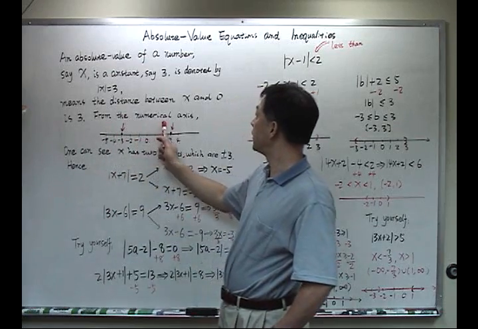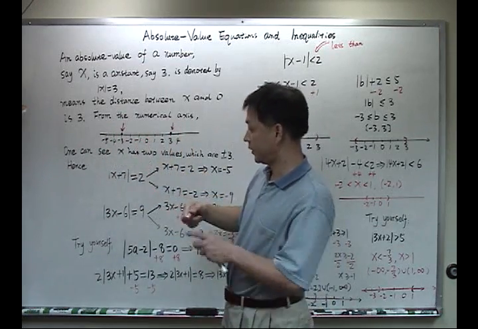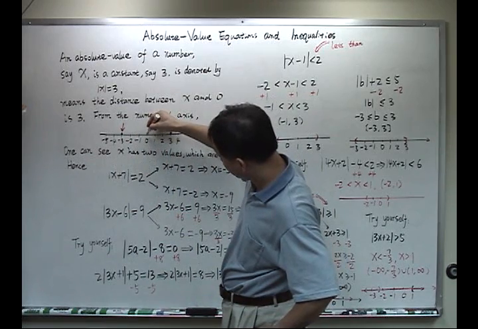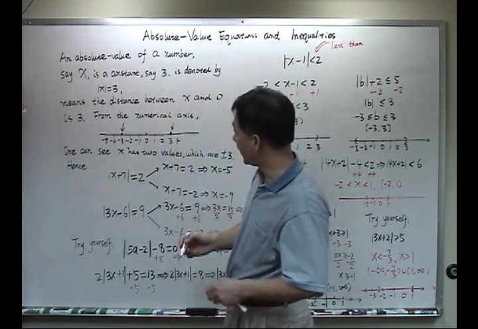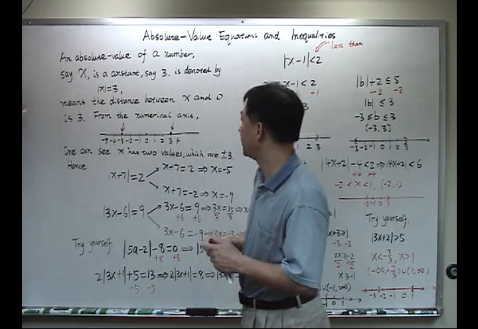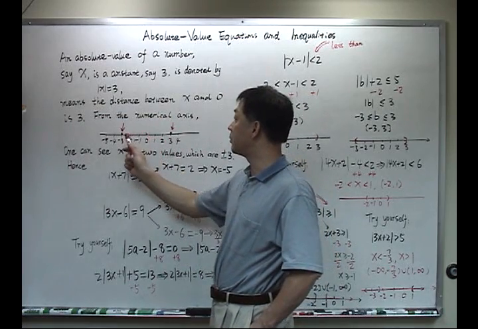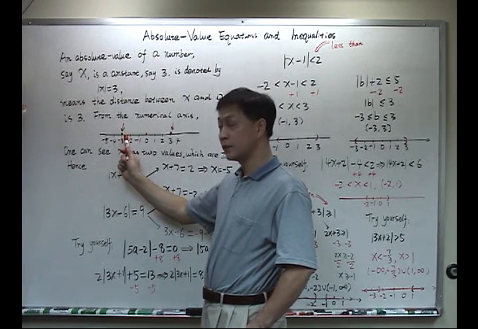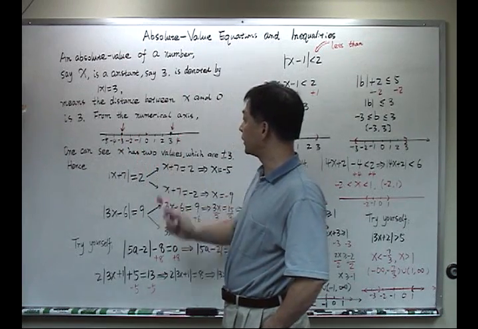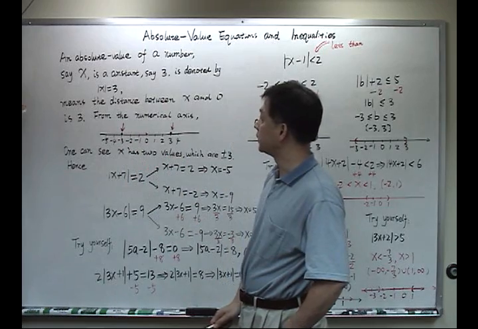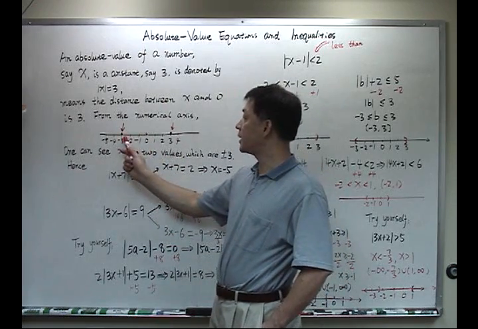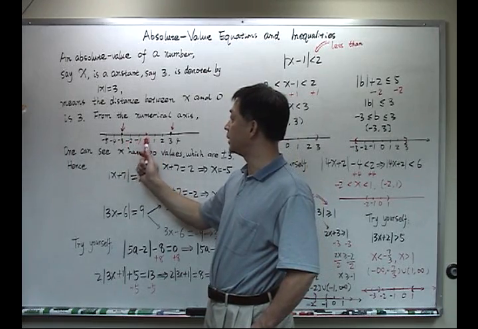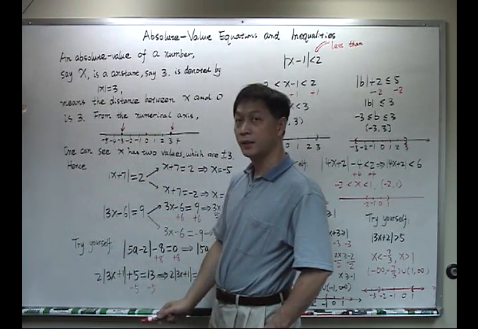From the numerical axis, you can see here is 0. Then the distance between 0 and a number could be on the left-hand side or on the right-hand side of 0. If this number is on the left-hand side of 0, then x might be negative 3.